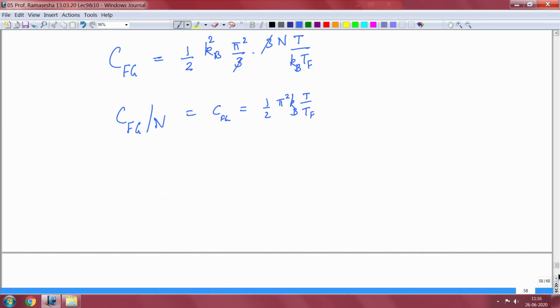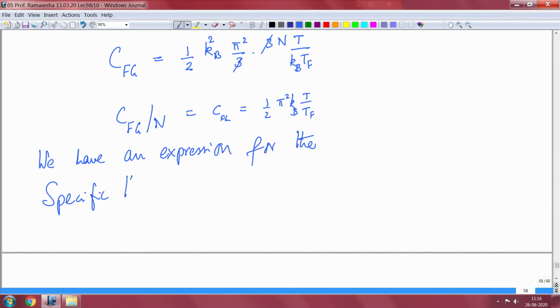So what we have got is an expression for the specific heat of a Fermi gas. What is interesting is that this specific heat is smaller by a factor of T by TF compared to the classical.